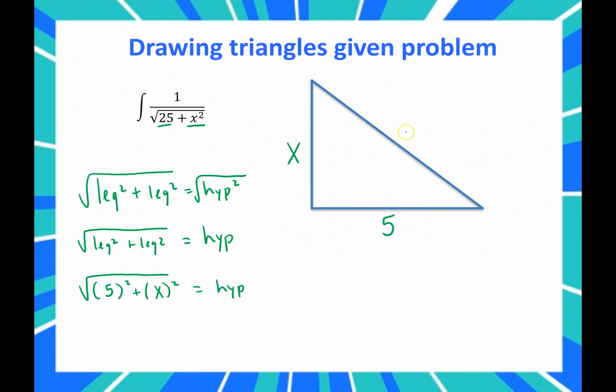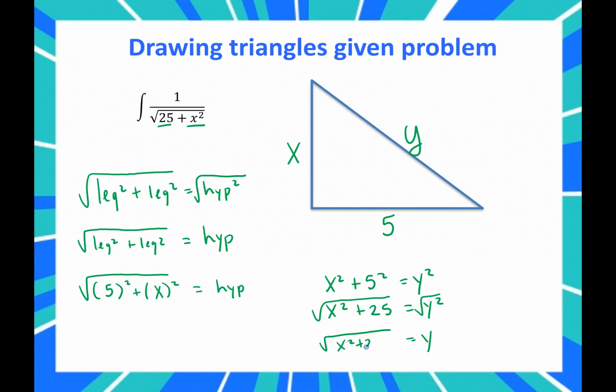Now let's check that by letting this side be equal to y. We'll have x squared plus 5 squared equals y squared. That's x squared plus 25 equals y squared. Square root both sides, and I get y equals the square root of x squared plus 25.